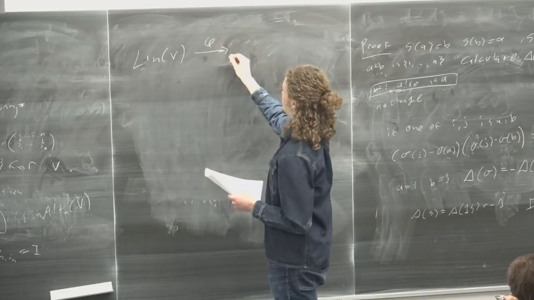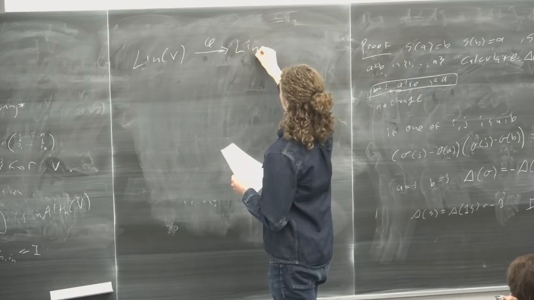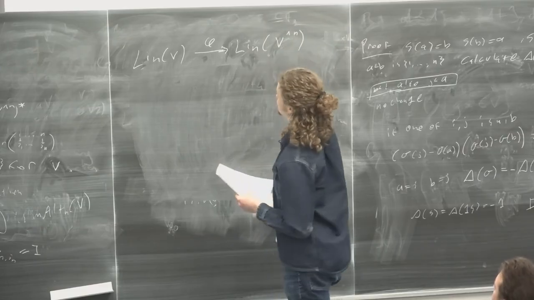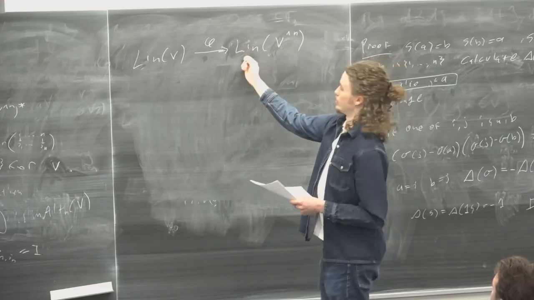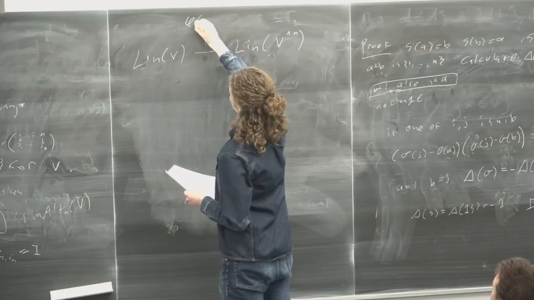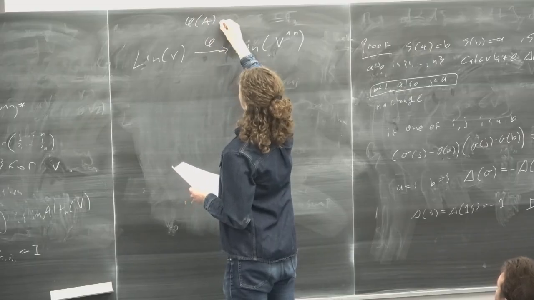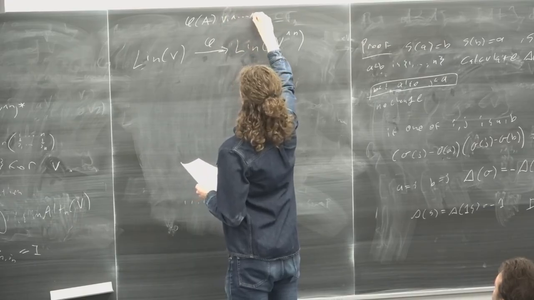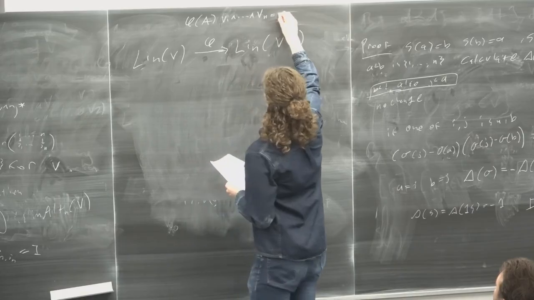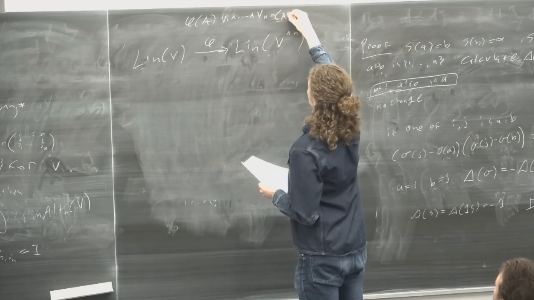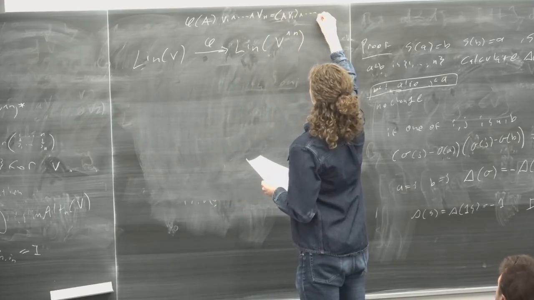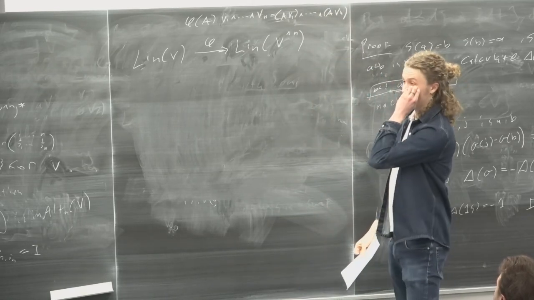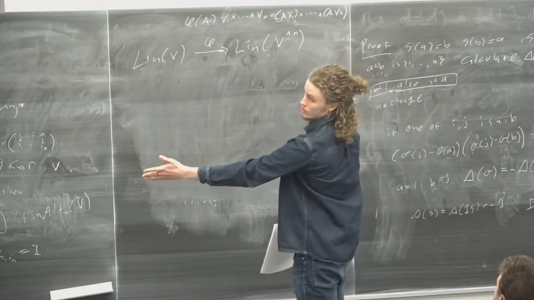We have this natural map, ln of v into ln wedge v wedge to the n. What is it given by? It's given by the only thing it could be: phi of a applied to v1 wedge up to vn is just applying a to each entry. This is what would give us our matrix columns in the formula over there.